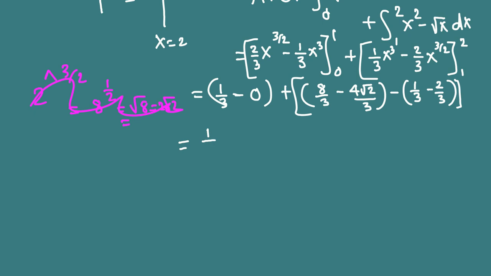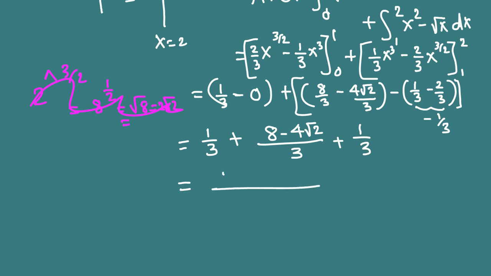1/3 minus 0 is 1/3, plus 8/3 minus 4 root 2 over 3. We cannot subtract, but we can combine. This is 8 minus 4 root 2 over 3, and minus negative 1/3, which is positive 1/3, and 1/3 plus 1/3 is 2/3.